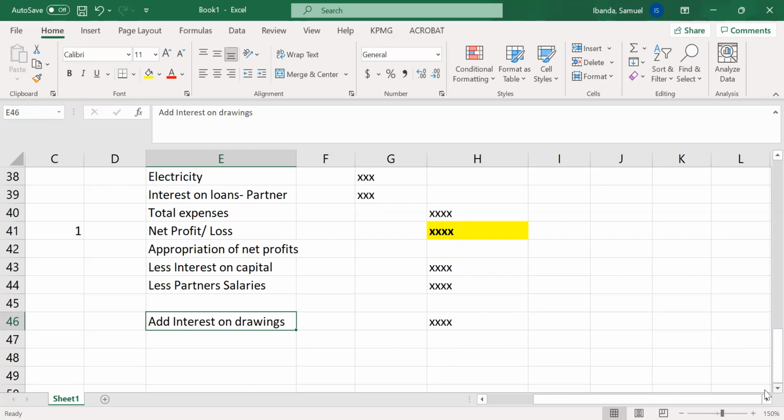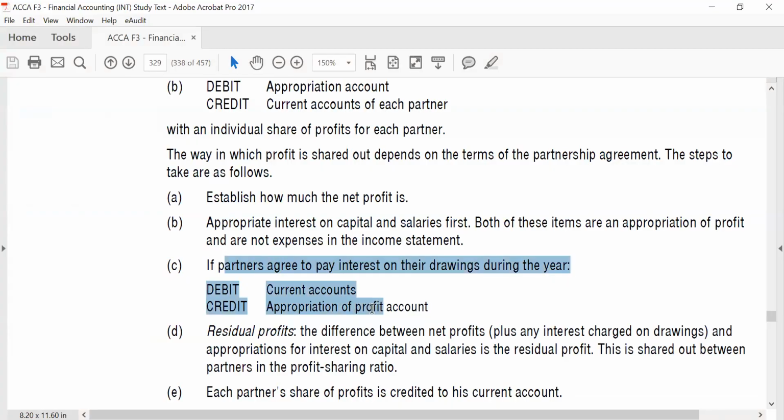And then once we have this, let's just see the next step. So we have looked at the interest on drawings. Now, after that, we get the residual profits. So the residual profits is basically what appears here.